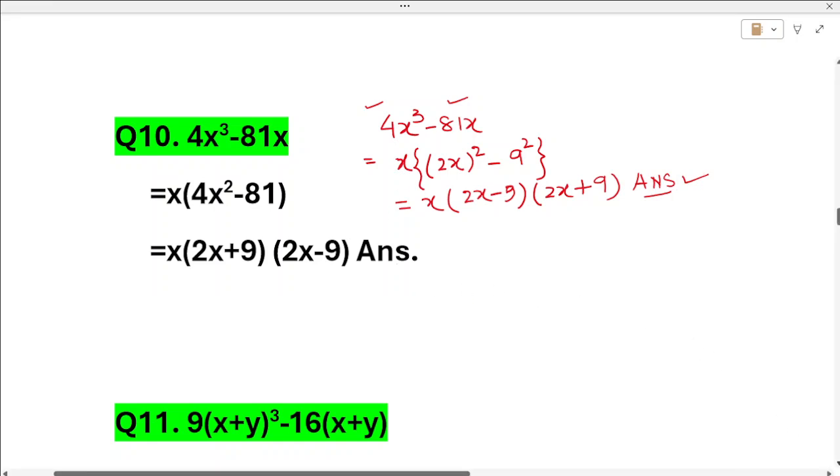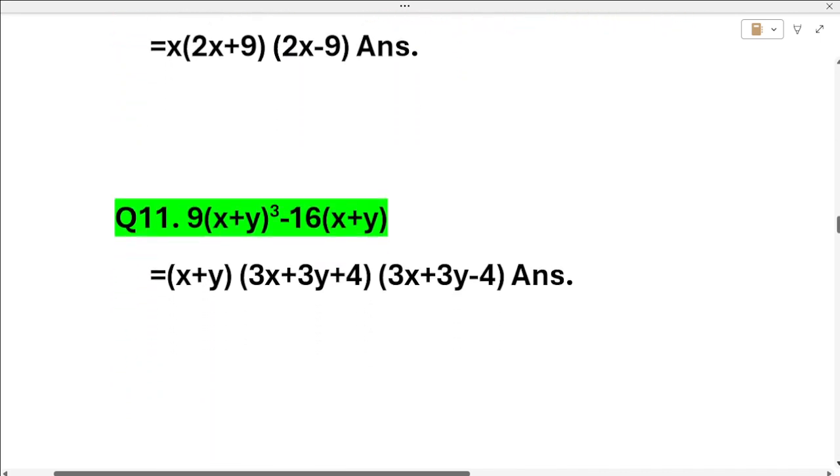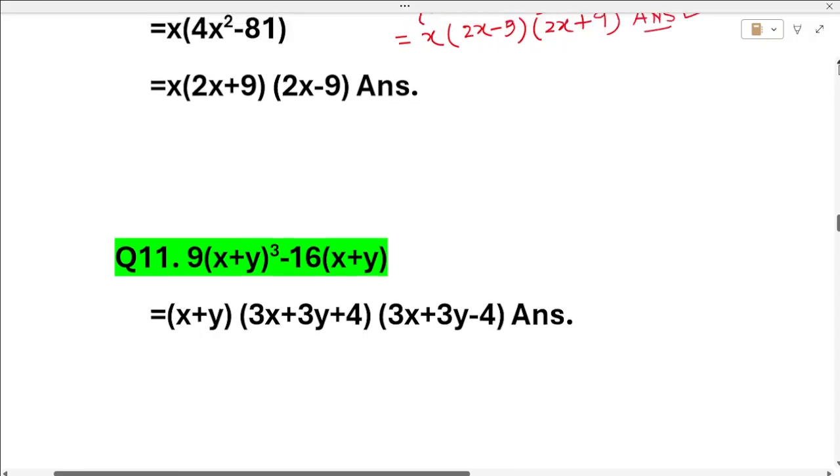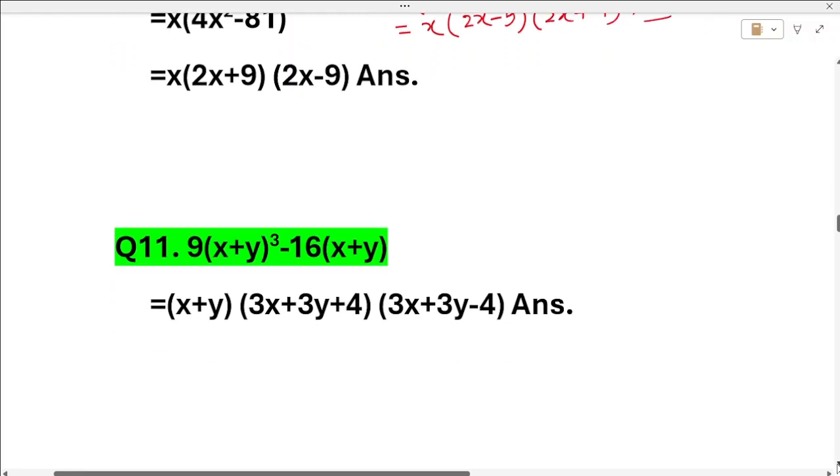Okay, now come to question number 11. Both question number 11 and question number 10 are very much alike. In question number 10, the first term is x cube, and here it is x plus y whole cube, but you can assume that it is an x cube.